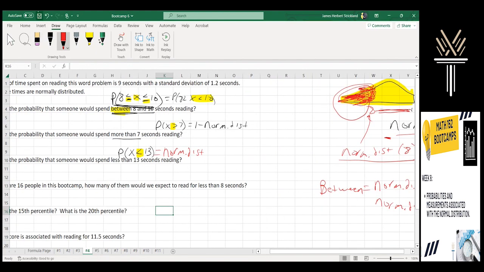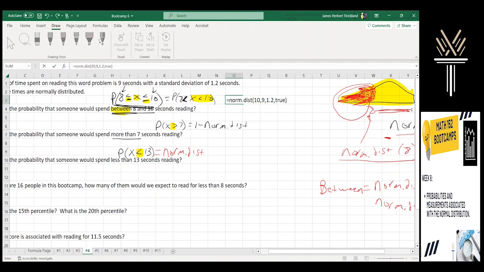We're going to do norm.dist of the bigger number, and I hope we all agree that 10 is bigger than 8. And then we'll do norm.dist of the smaller number. And we're just going to write it as one giant sentence and hit subtract. In case you can't read it, that is a less than sign here. There we go. So norm.dist, the bigger number was 10. Given the mean is 9, deviation is 1.2, always true.